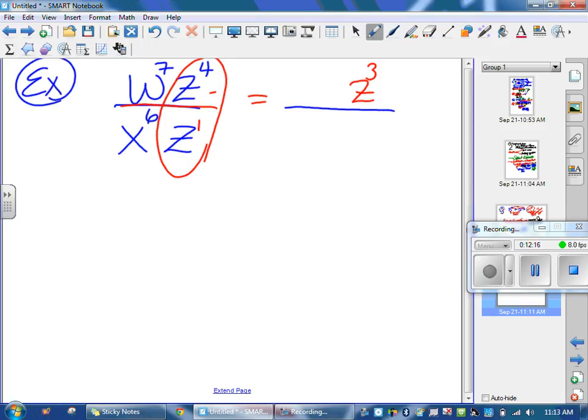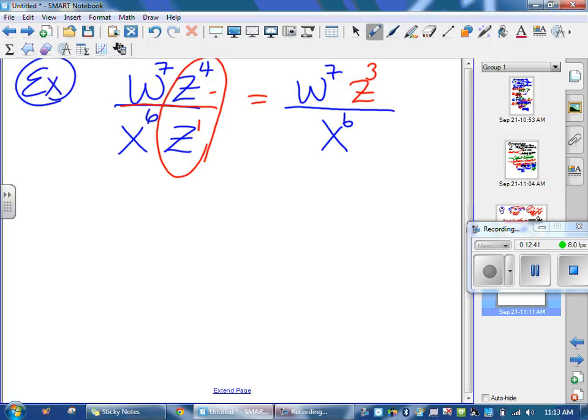Nope, they stayed where they were. So W goes beside and X goes in the bottom. They didn't move. That's why I put them in blue. But we simplified the Z's. Simplified means we wrote them once only with a different exponent. So we squashed these together, and I got Z3.